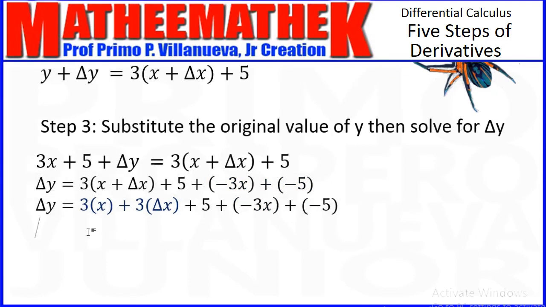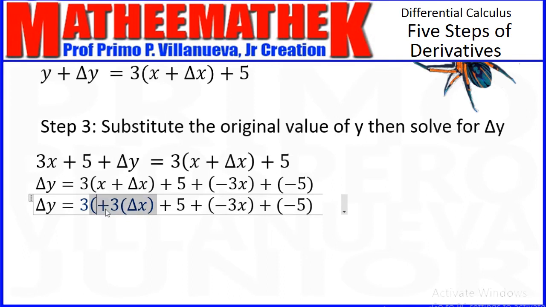Then, by associative property of multiplication, we can remove the open and close parentheses in 3 times x. That will become 3x, and 3 times delta x, that will become 3 delta x.